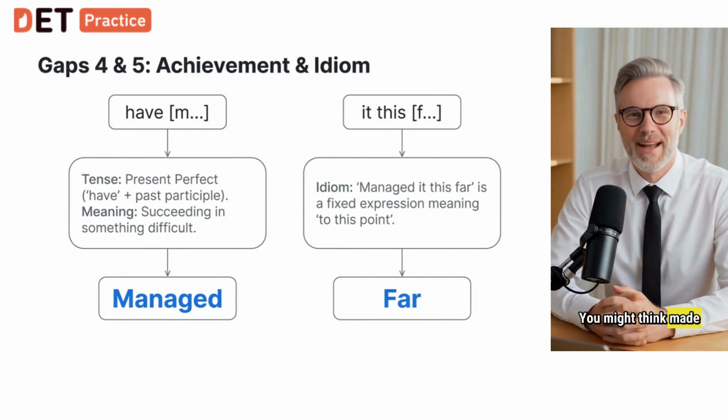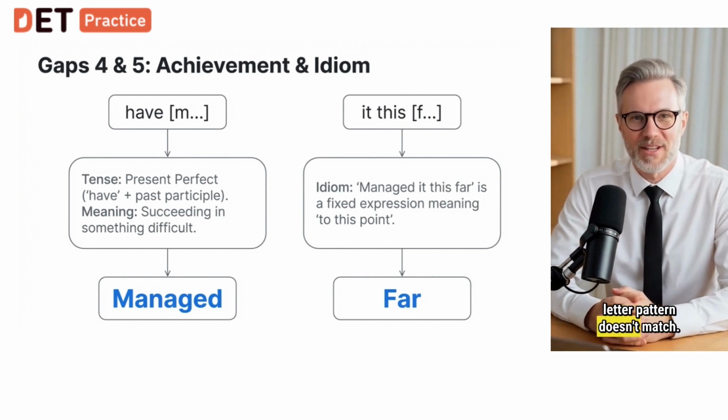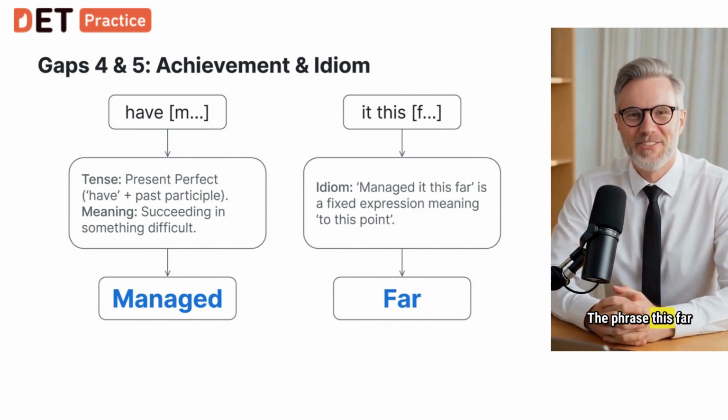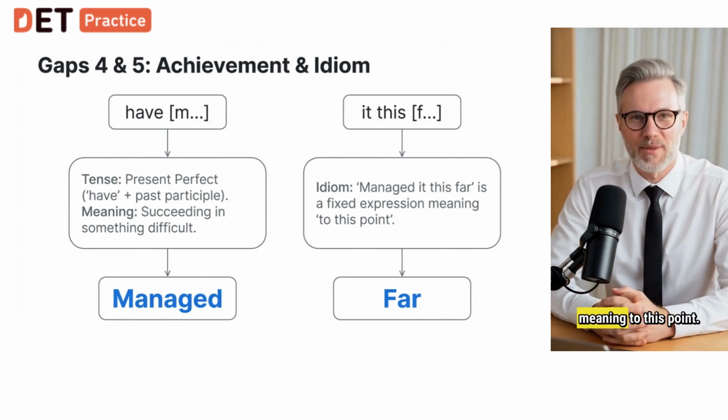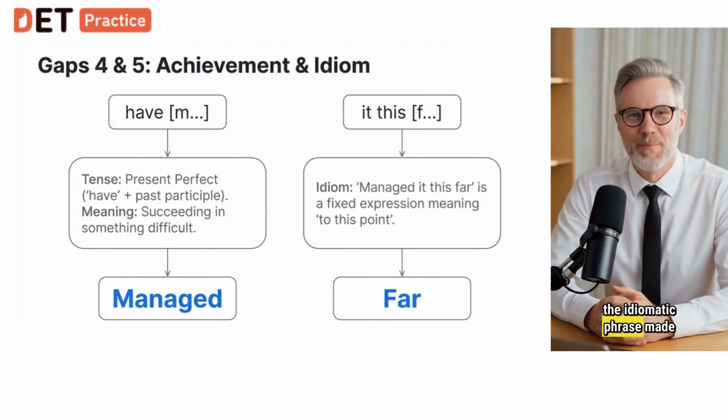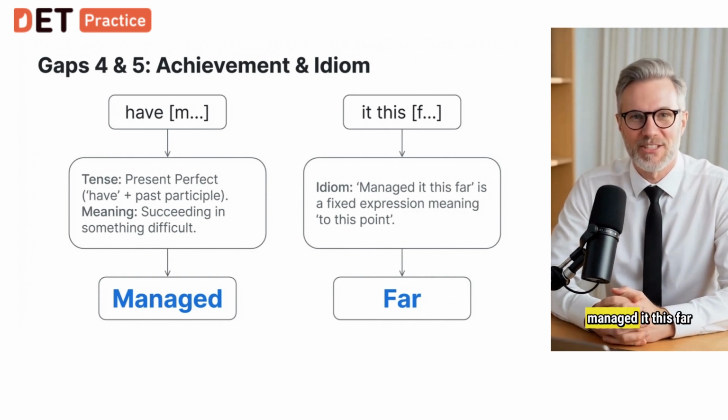You might think made could work, but the letter pattern doesn't match. The fifth incomplete word appears after this and starts with F. The answer is far. The phrase this far is a fixed expression, meaning to this point. In context, they're discussing how they've maintained their friendship despite problems, and the idiomatic phrase made it this far or managed it this far is very common in English.